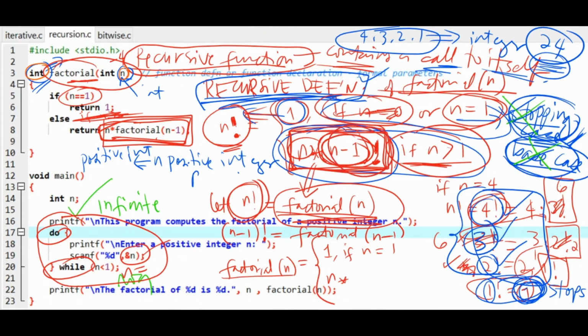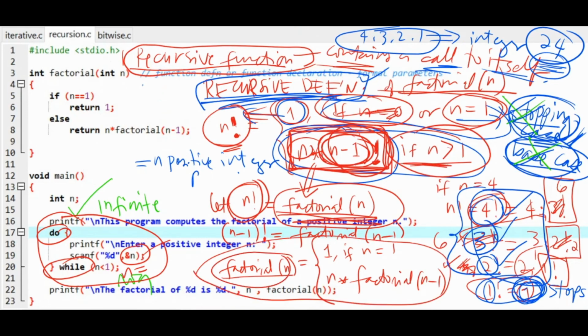So we replace this part here with the function call factorial of n minus 1. That is why in the recursive function in here, we have this one. If n is equal to 1, okay, this part here, then the function call factorial n would return 1.